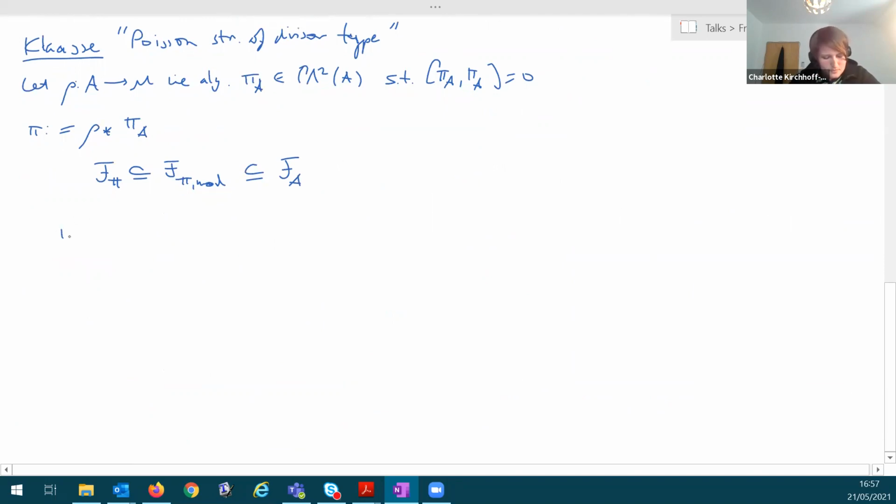So let's have this really simple log Poisson structure like this. Then the foliation of pi is this, right?